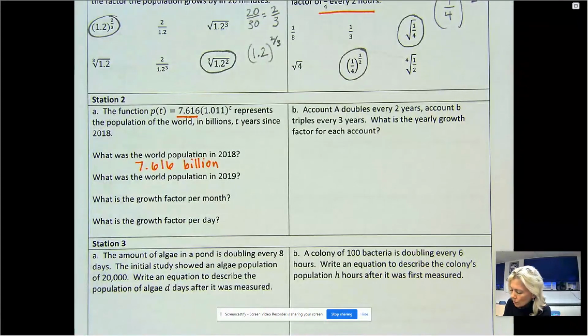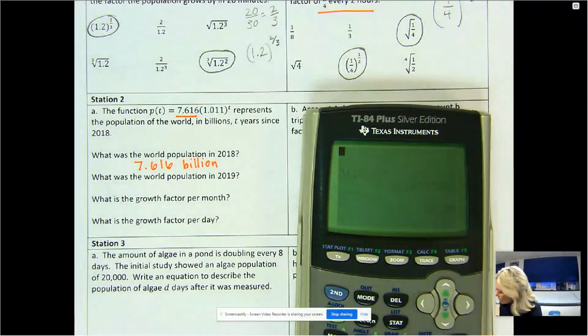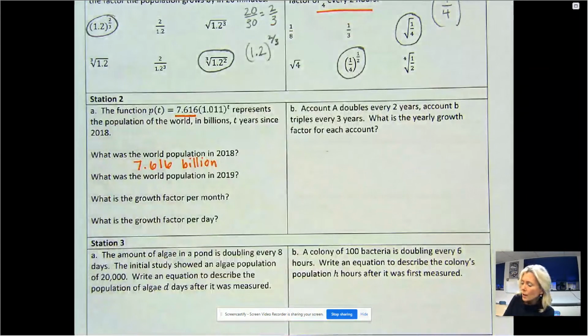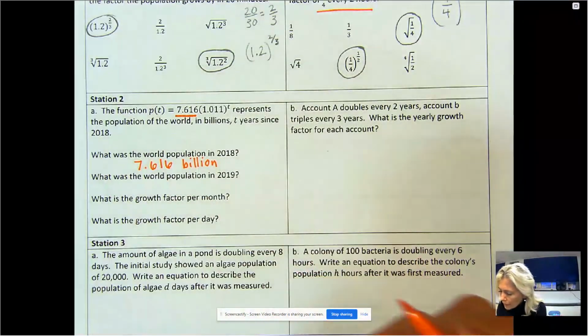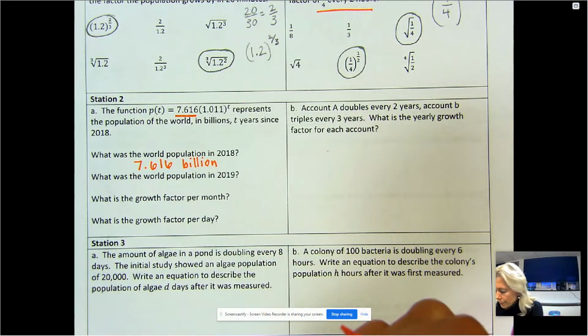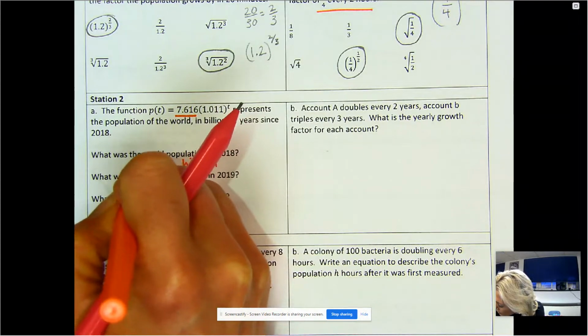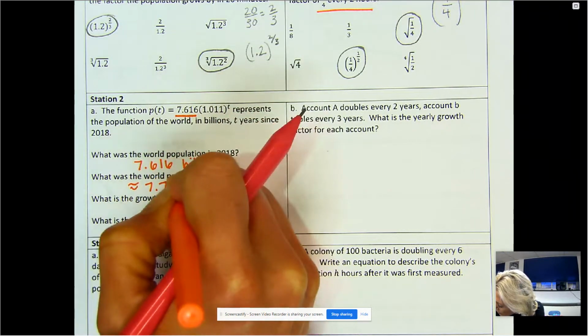So 7.616 times 1.011 to the first, 7.69976, or about 7.7 billion.